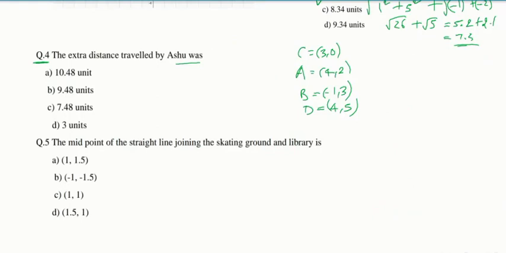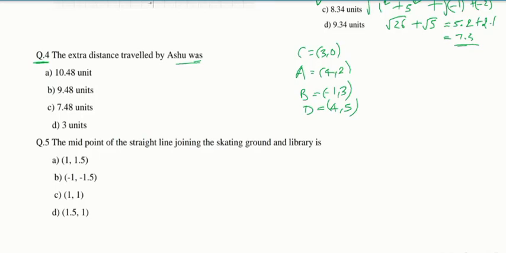Now question number 4. The extra distance travelled by Ashu was. Actually Ashu was to go to school directly from home. Okay. So actually she has to go to school from home. But she went to the library and then she went to school. So she travelled some extra distance.